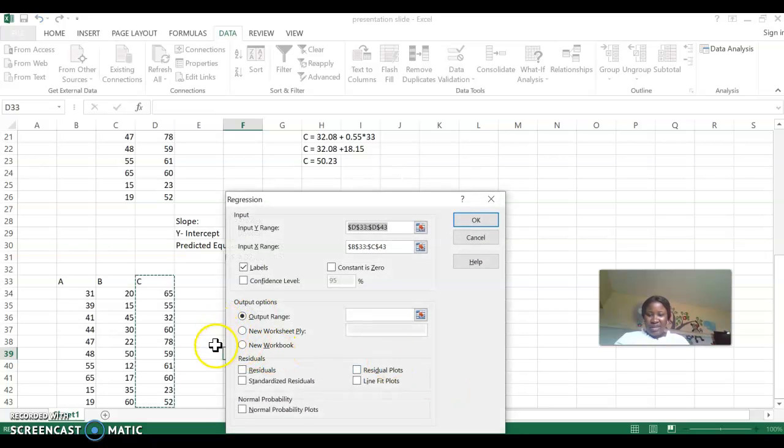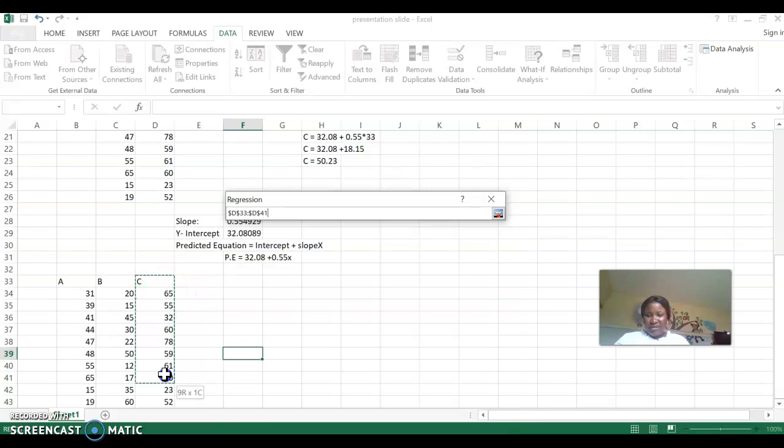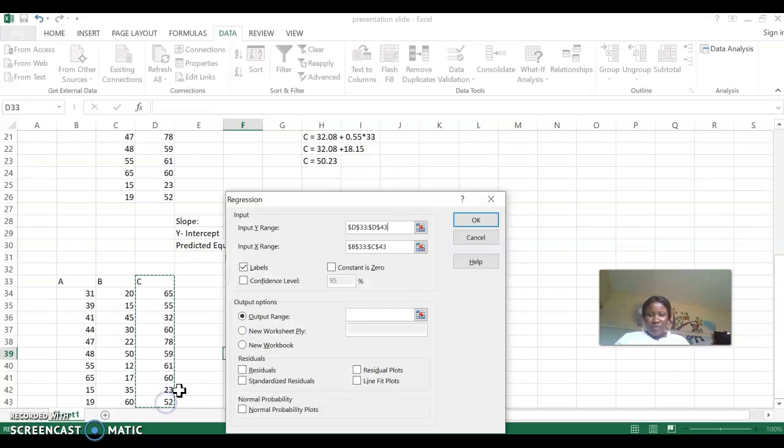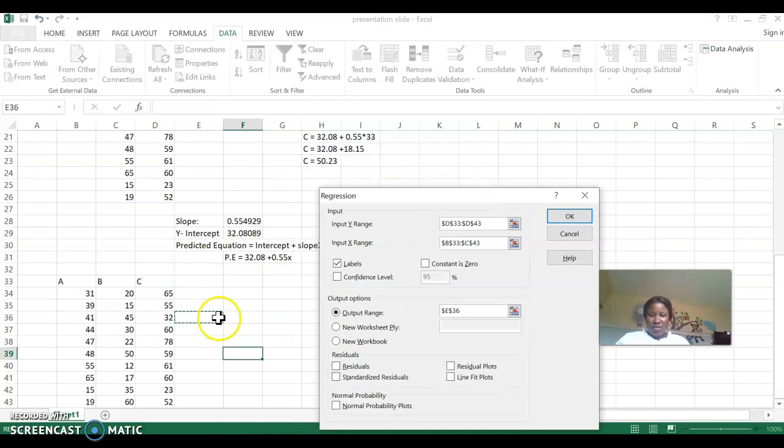Sorry, it's changing the A part, I didn't mean to. So I'm going to be coming here, so the output range will be here. Let me shift this so it will be here. Alright, so I'll click OK.